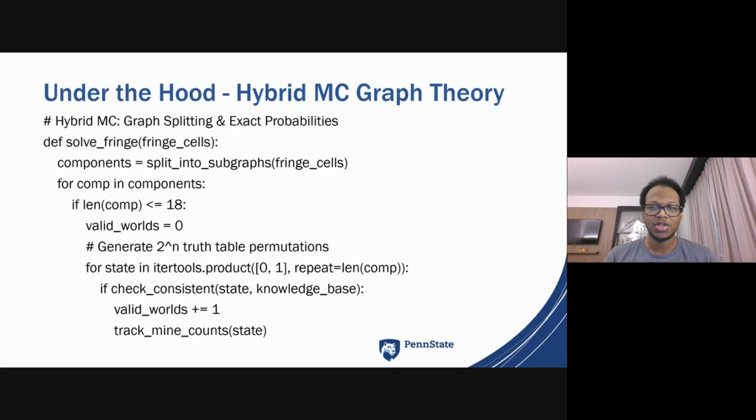This pseudocode shows that optimization. If a subgraph component is successfully isolated to 18 variables or less, the agent leverages Python's itertools library to generate a complete truth table. It tests every single binary permutation, filters out the impossible realities using the check_consistent function, and counts the precise fractional occurrence of mines in the surviving valid worlds.